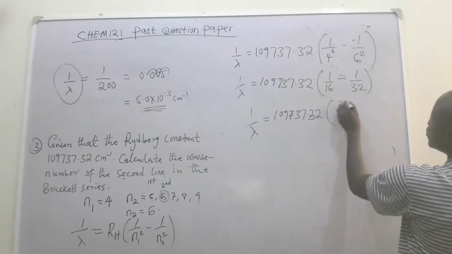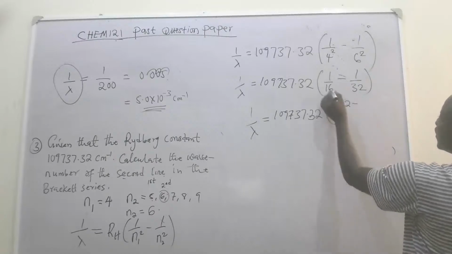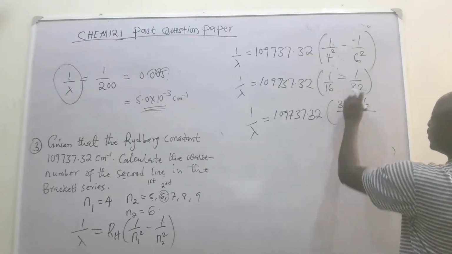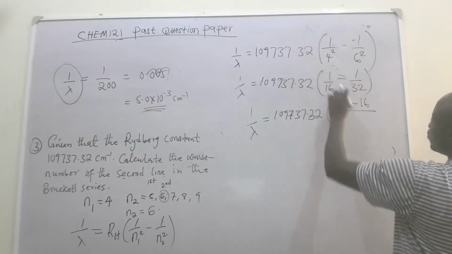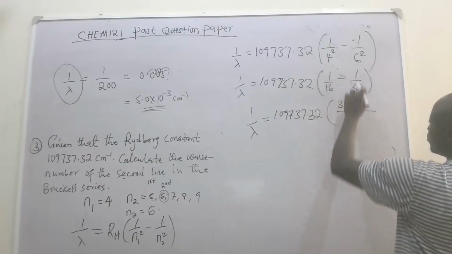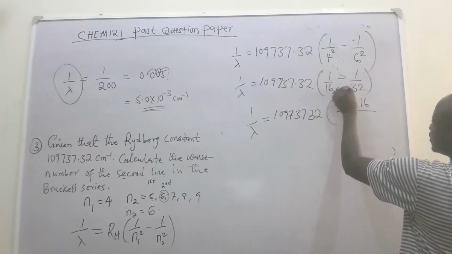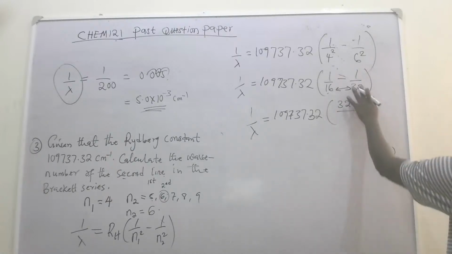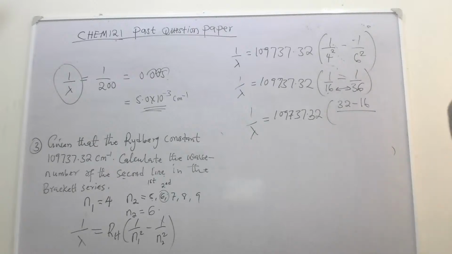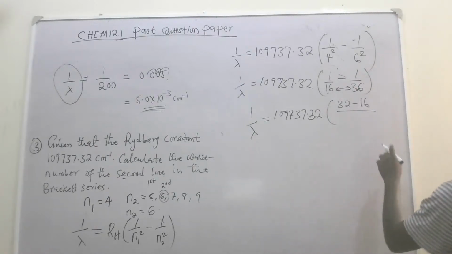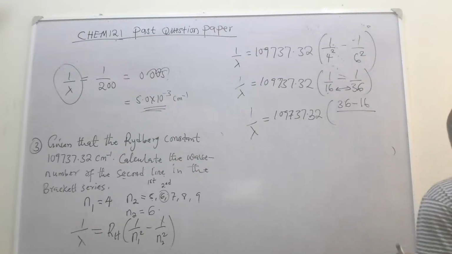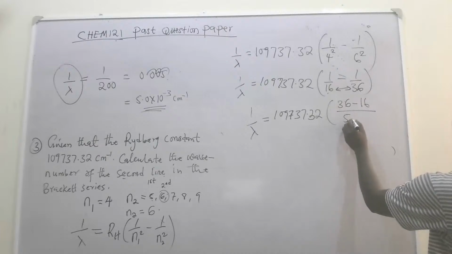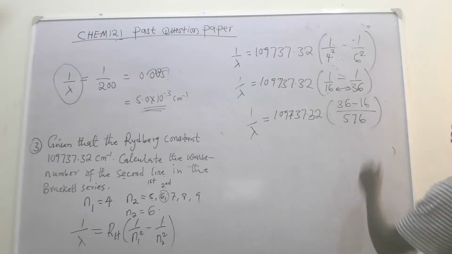Then we have 36 minus 16 divided by 36 times 16. Sorry, it's 36, it's not 32. So here we now have 36, and 36 times 16 is 576. Then we put this in bracket.